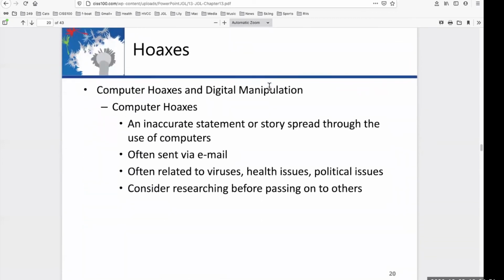Hoaxes. We are living in interesting times, with the pandemic, with the lockdown, forcing everyone into an online world. Recall what I said about computer security and privacy. Security is 75% policy. I gave the example, if I never choose to connect my computer to the internet, it's pretty secure.